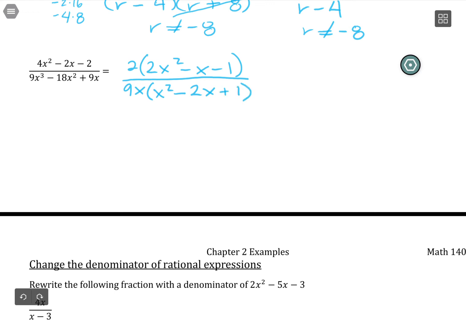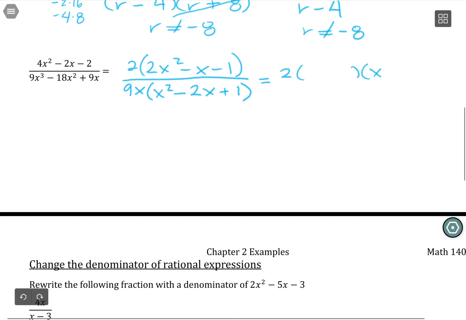Okay, and it's a good start. I don't have anything that I can cancel, so I'm going to try and factor the trinomials that I'm left with. So the first one, I'm going to split it up into a 2x and an x, and then I don't have a lot of choices for the last. It's 1 times 1, and the only thing I get to choose is who gets the minus sign.